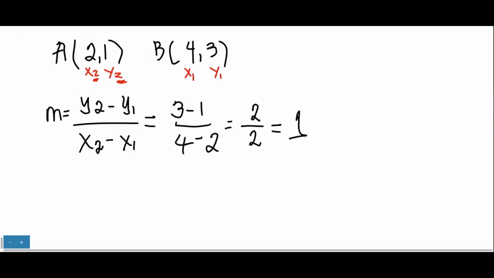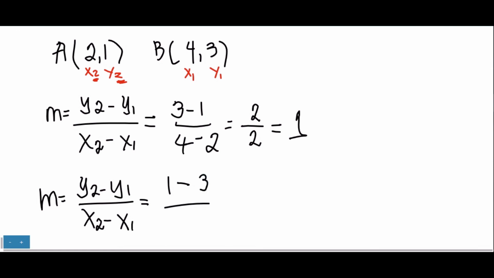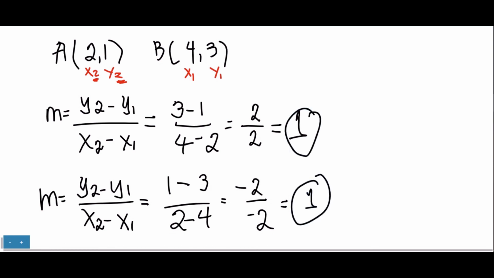Let's see if we arrive at the same answer. Slope is equal to y sub 2 minus y sub 1 over x sub 2 minus x sub 1. So y sub 2 now is 1 minus y sub 1, which is 3, over x sub 2, which is 2, minus x sub 1, which is now 4. The answer here is negative 2 over negative 2, and still the answer is positive 1.